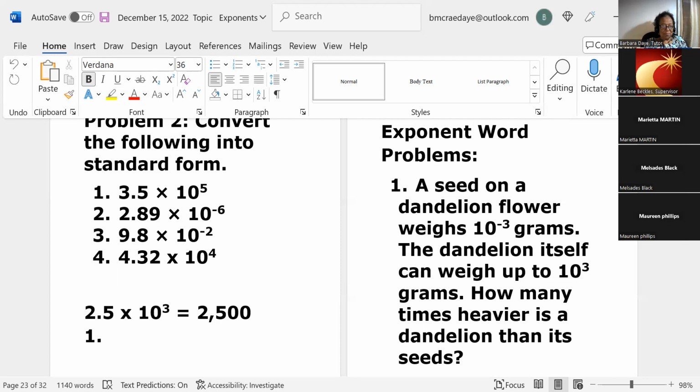What would I write? So you have to write 3,000, 5,000, 5 zeros. Tell me what to write, Marietta. What would I write? 3. You have to put multiplication. No. What goes behind the 3?